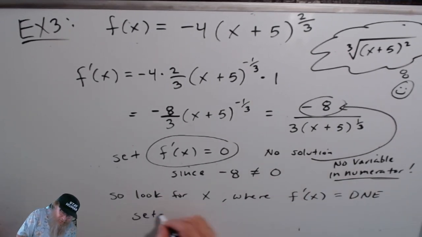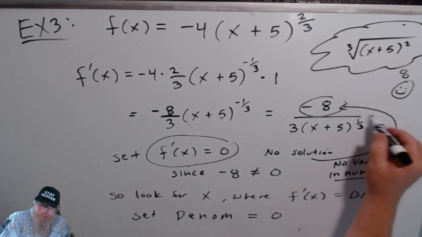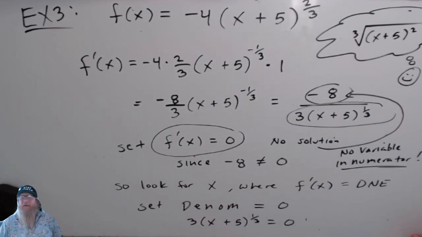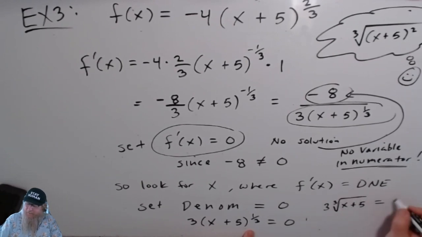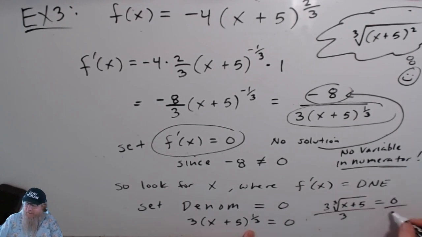In other words, set the denominator equal to 0. So 3 times the cube root of x plus 5 is equal to 0. You don't have to do all the work. You could just clearly say that it's going to be negative 5.